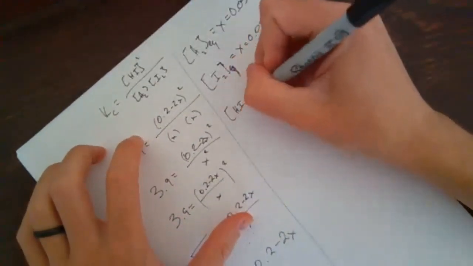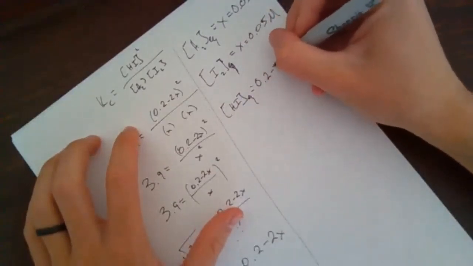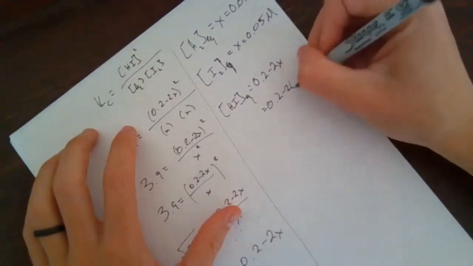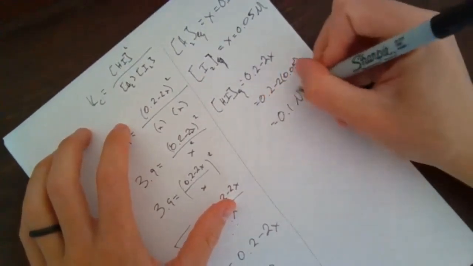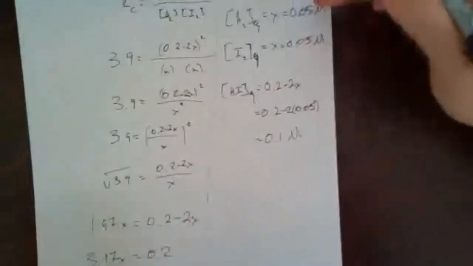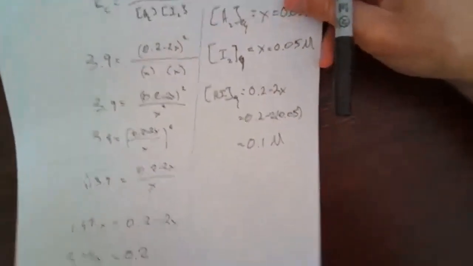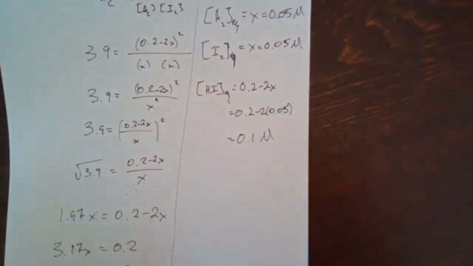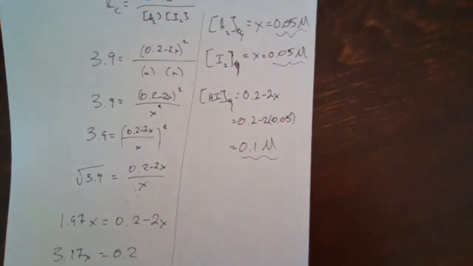And the concentration of HI at equilibrium, now I do need to do a little bit, 0.2 minus 2x. So that's equal to 0.2 minus 2 times 0.05, which is equal to 0.1 molar. And again, we do just need to know that the concentrations are in molarity. The square brackets are showing us that. We want to interpret that. So these would be my desired answers, that those are the concentrations that you get at equilibrium.